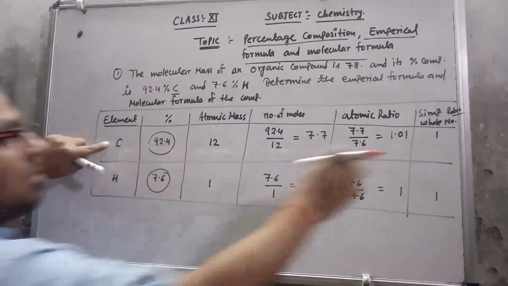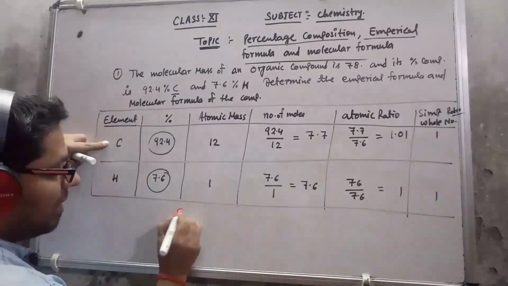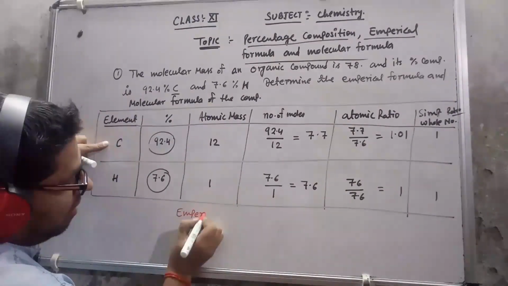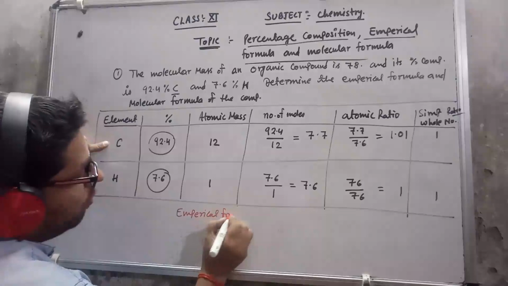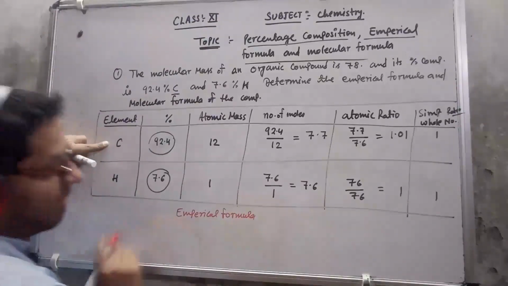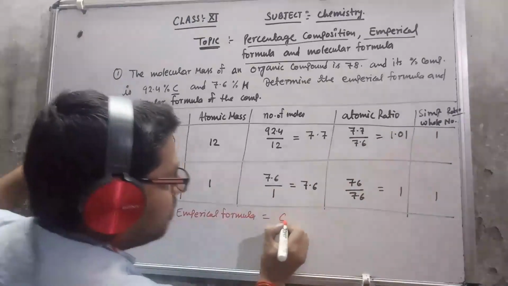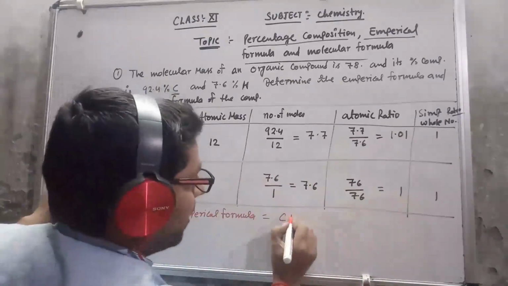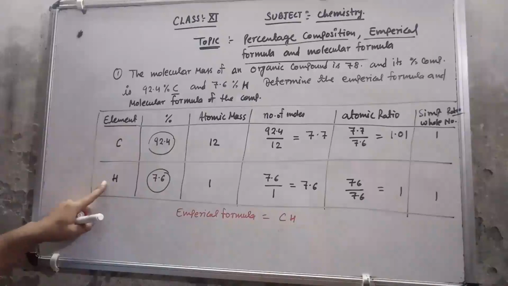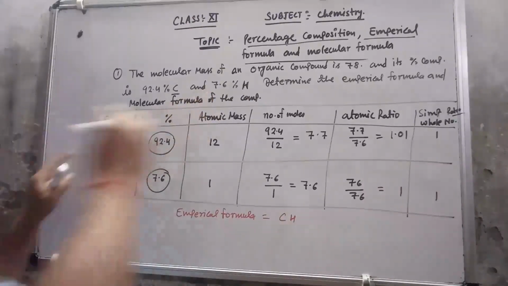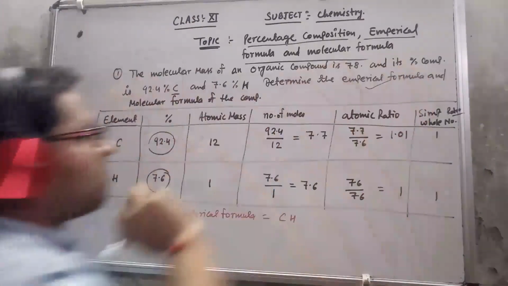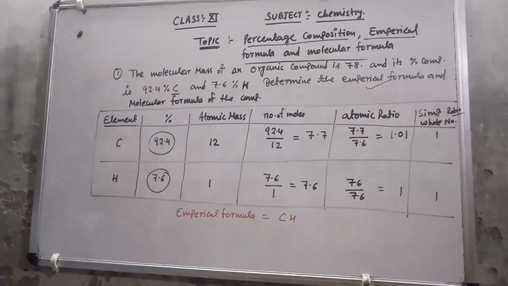How many carbon? 1. Hydrogen is 1. So the empirical formula is CH. One part is completed. They are asking about the empirical formula, and now the second part, the molecular formula.